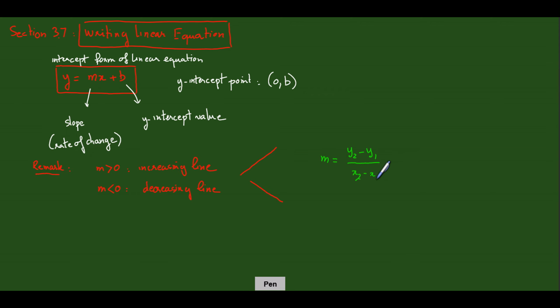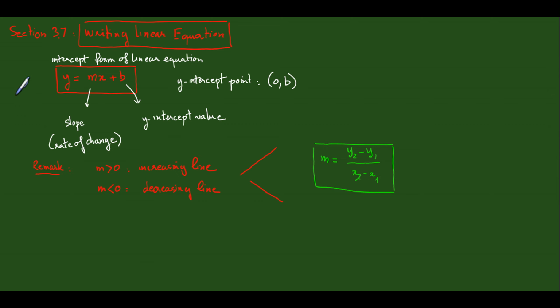So this is the formula to find the slope. It means that if they give you a bunch of data, and you graph those points on the coordinate system, then you can pick 2 points, and you can find the slope easily.